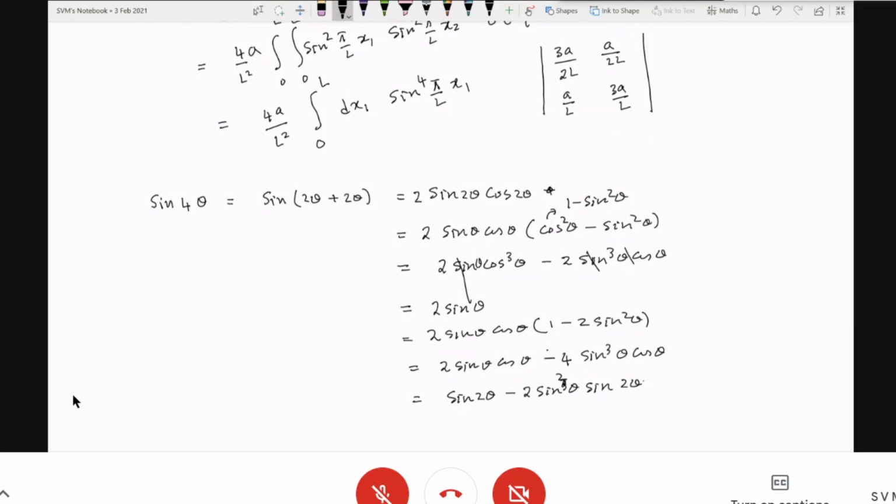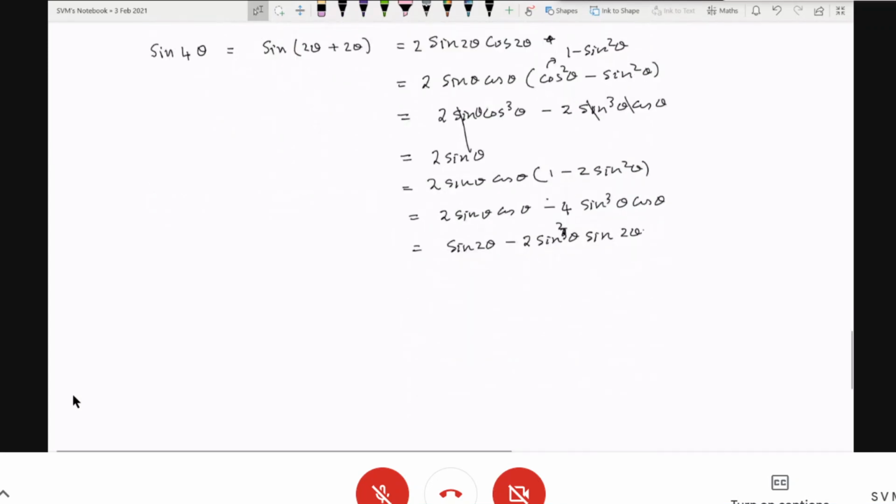Of course, the aim is to bring everything in terms of multiple angles, 2 theta, 3 theta, like that. So let's come to this sine 2 theta into 1 minus 2 sine square theta. So let's start from here.